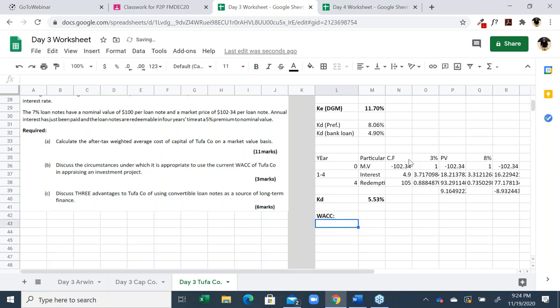So we have equity, preference shares, bank loan, and loan notes: 4 sources of finance. Let's first write the cost of each, just referring to the already calculated values.